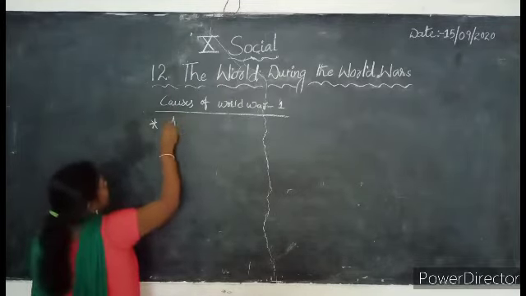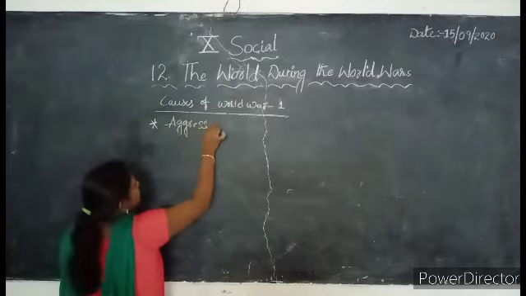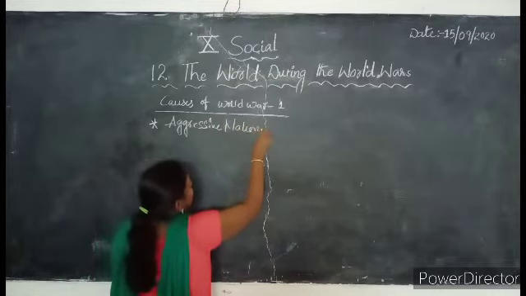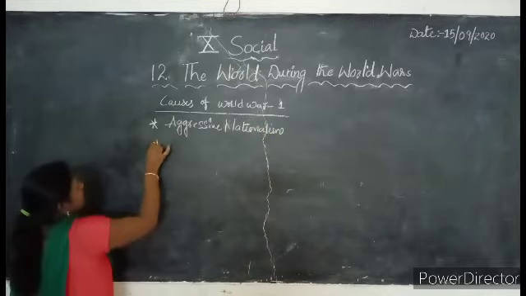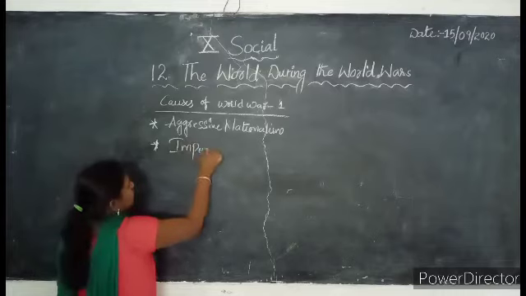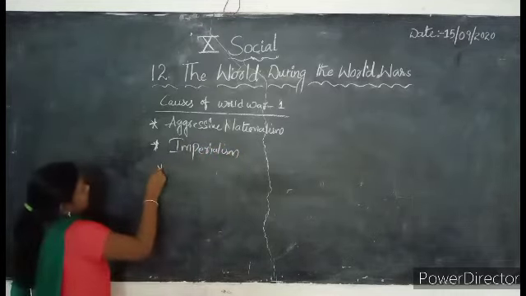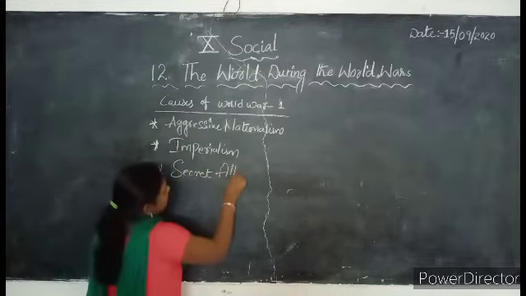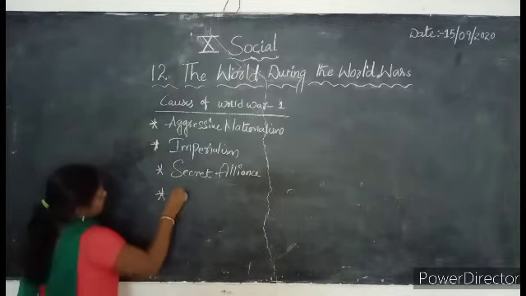First one is what? Aggressive nationalism. Second one, imperialism. Third one, secret alliance. Fourth one, militarism.